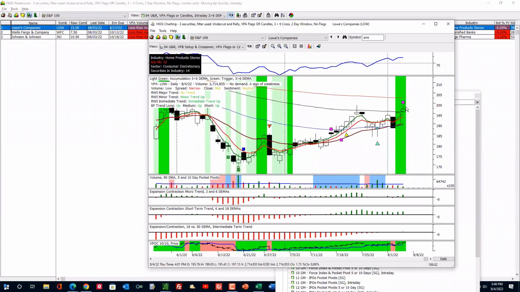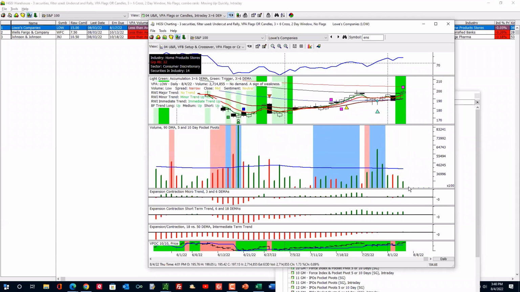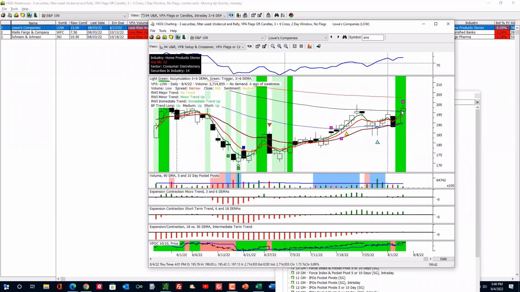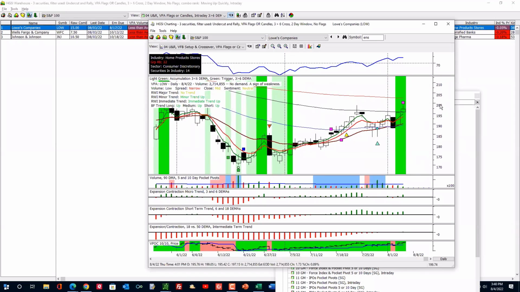This one crossed up yesterday, made a little move to the upside, but now it's getting a no demand. Why? Look down here at the volume, no demand. It's different than no supply because look where it closed, in the lower part of the candle. See how important it is to look at the individual candles also, because it really tells you a lot.